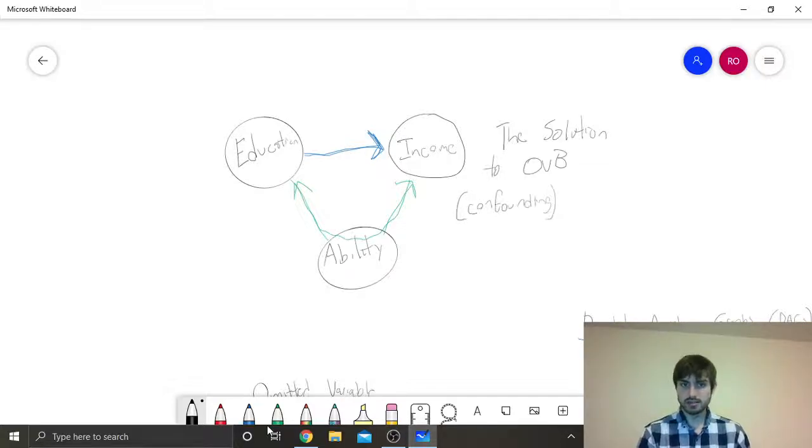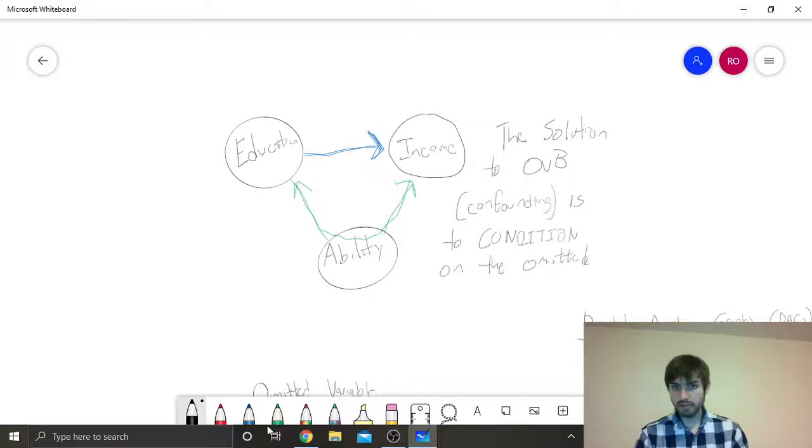So this variable here, ability, is also called a confounder. The solution is to condition on the omitted variable.